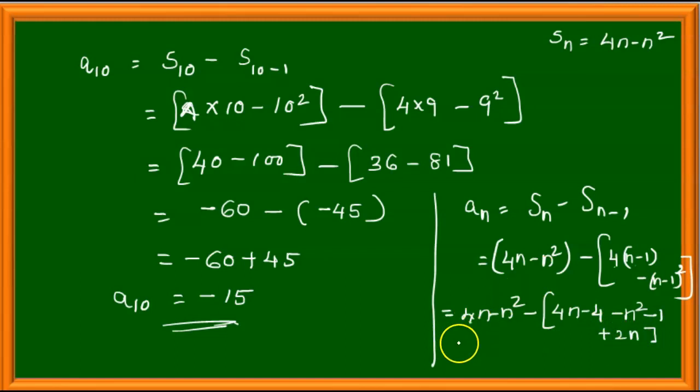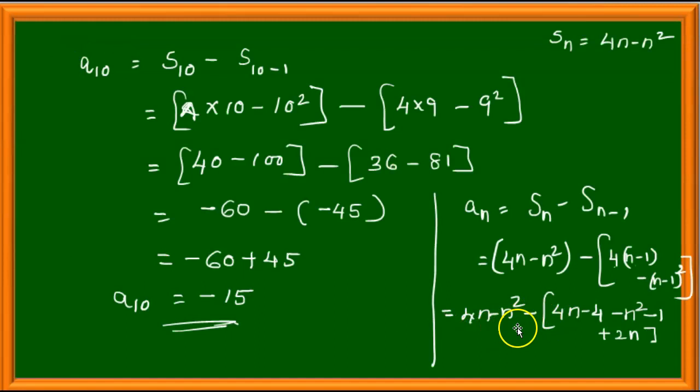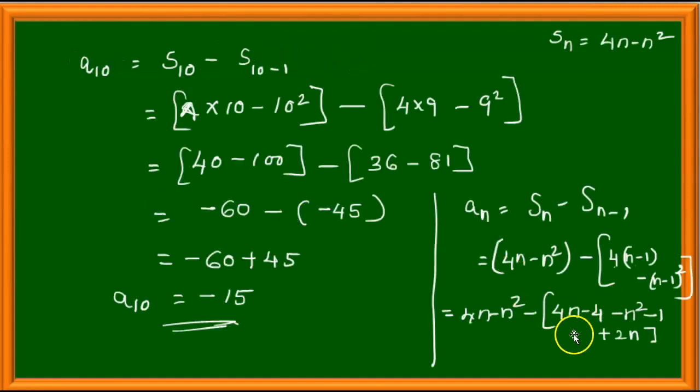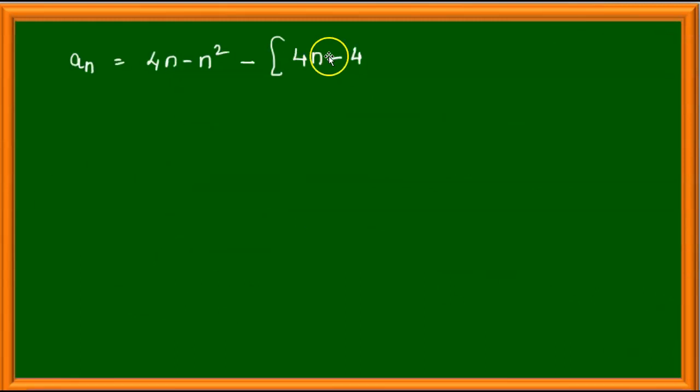Understood? So if we open all these, what will we get? I am taking the next page and writing again. We got an is equal to 4n minus n square, minus of 4n minus 4, minus of n square minus 1 plus 2n.